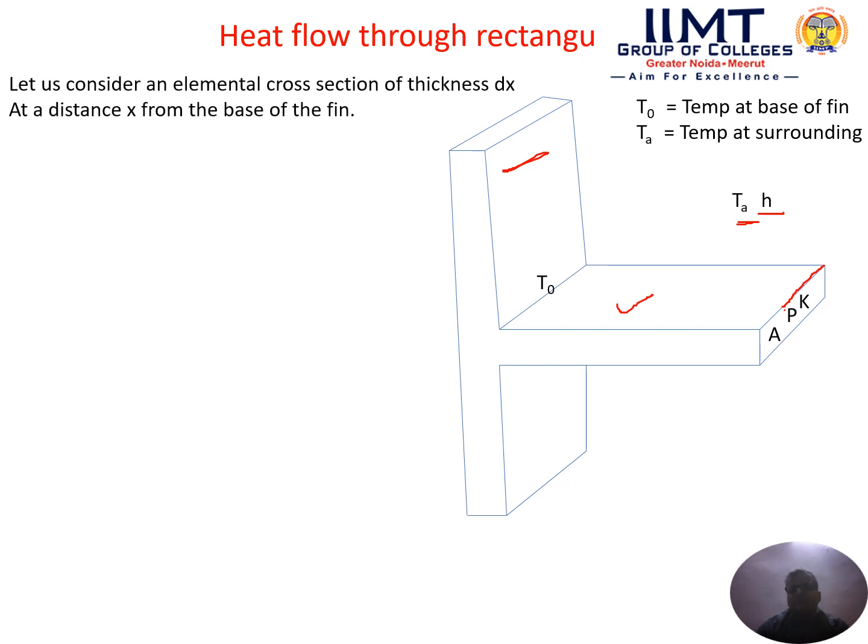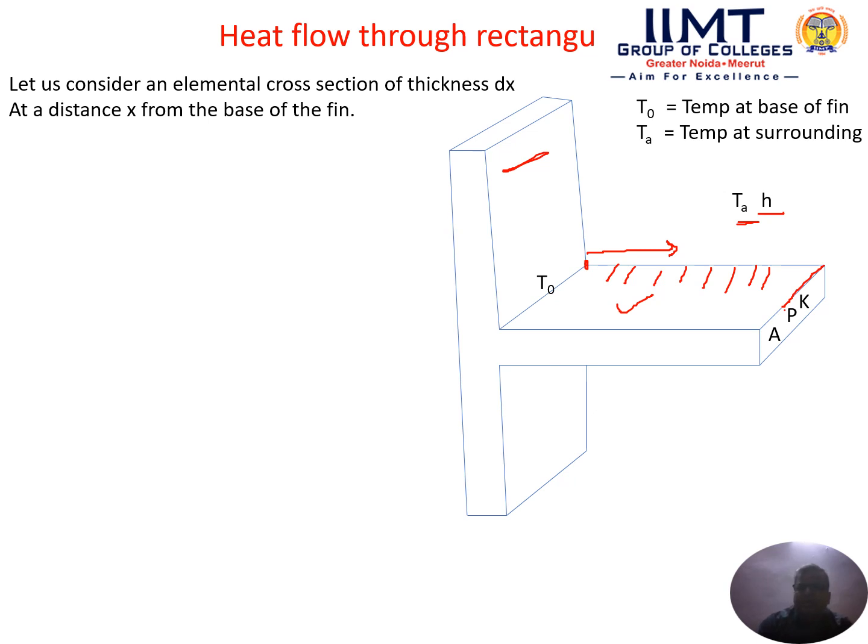Let us suppose we are at the base, and when we move from the base toward the length of the fin, we find that the temperature of the fin gradually decreases once we move outward from the base of the fin.